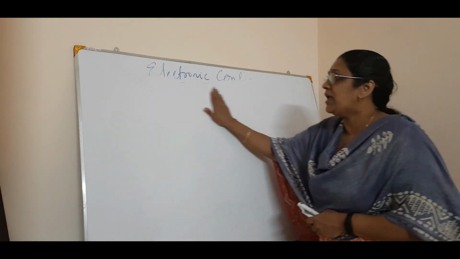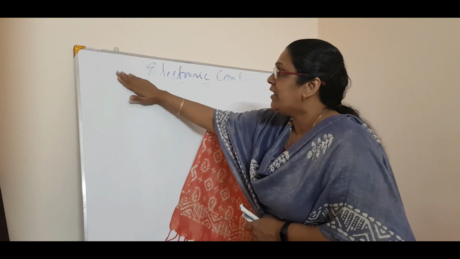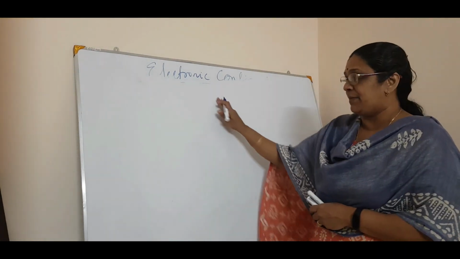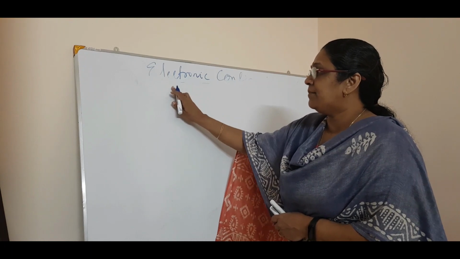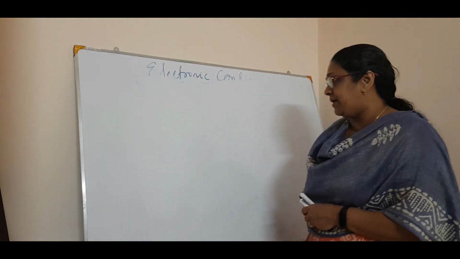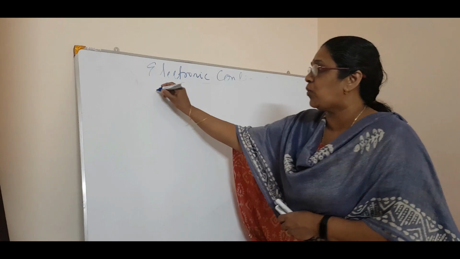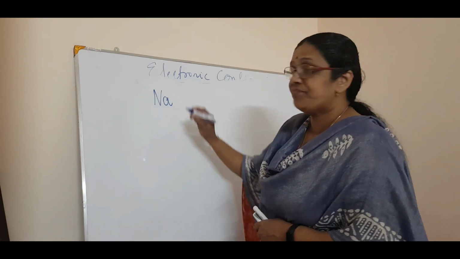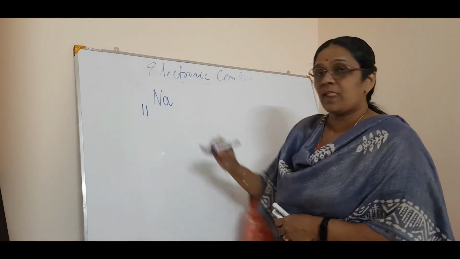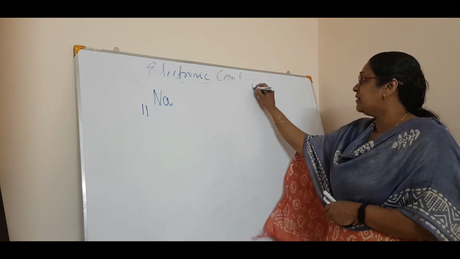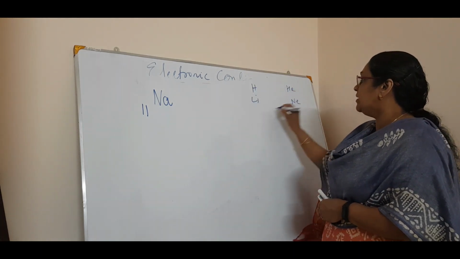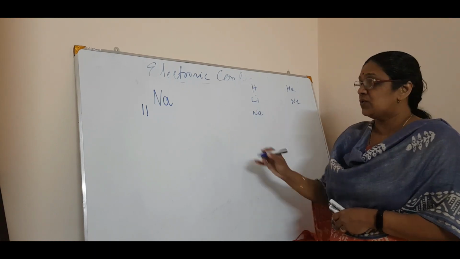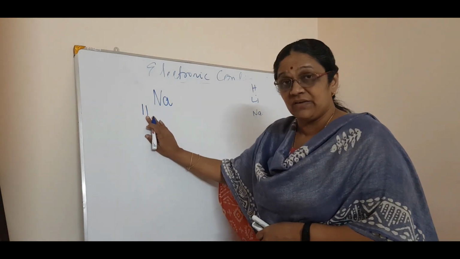For that, you can write a shortcut. For example, sodium. Sodium is 11, right? You know, hydrogen, helium, then lithium to neon, then sodium. Sodium has atomic number 11.